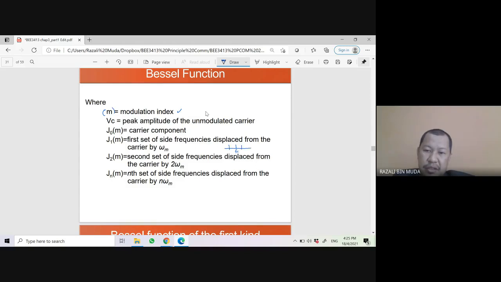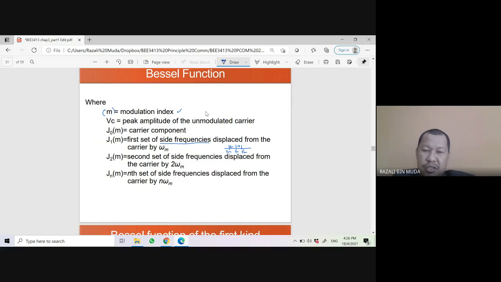So this is the plus omega M or the plus FM. This is the minus FM. This is plus FM. This is, we call it first pair of first sideband.